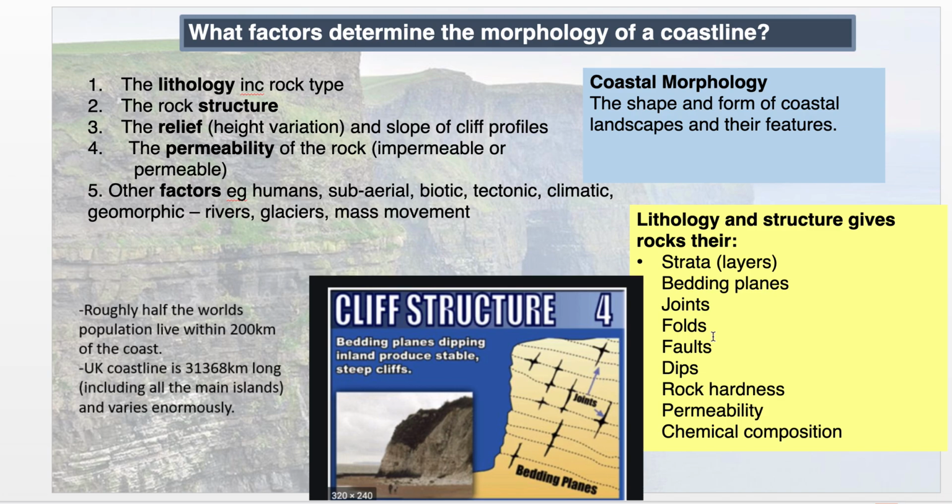Folds, which we'll have a look at in a minute. Faults, dips, which is basically the angle the rock is at. The hardness of a rock, its permeability and its chemical composition. In other words, some rocks are more easily eroded by seawater, which is slightly acidic, and by rainwater due to their actual chemical composition.